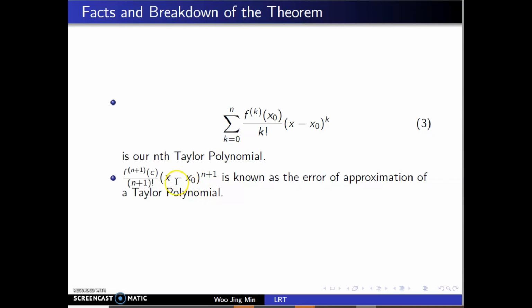However, this is not always guaranteed. As you can see over here, in the f n plus 1 derivative of c, as x changes, c also changes. If x is significantly larger than x0, our error will be much bigger.